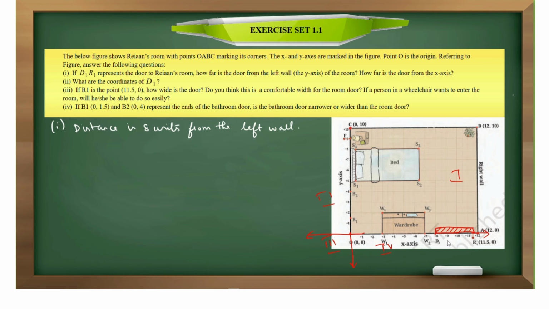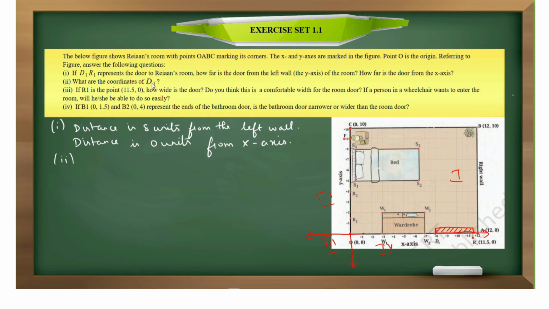To find the distance from the x-axis, we find the perpendicular distance from the x-axis, otherwise the y coordinate. Here the y coordinate value is 0, so the door is at a distance of 0 units from the x-axis. So this is our first question, and now let's move to the second one.